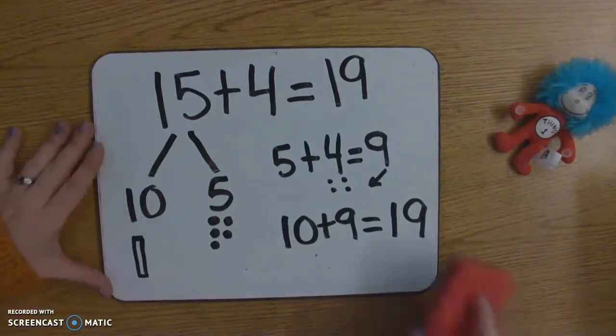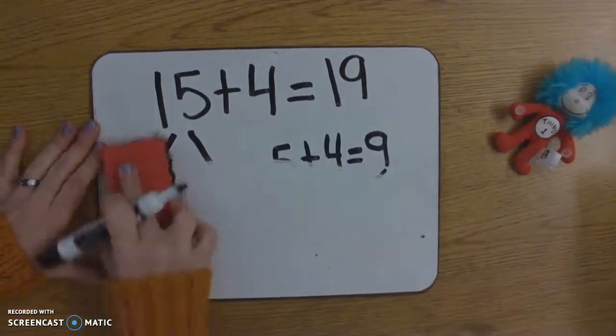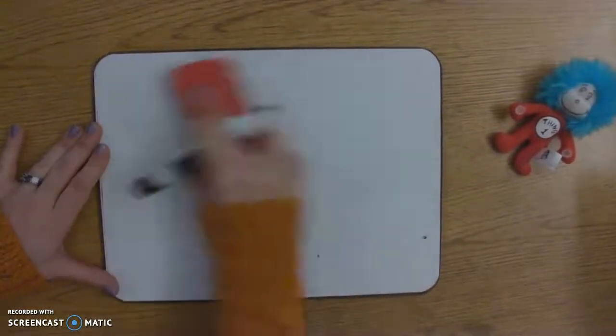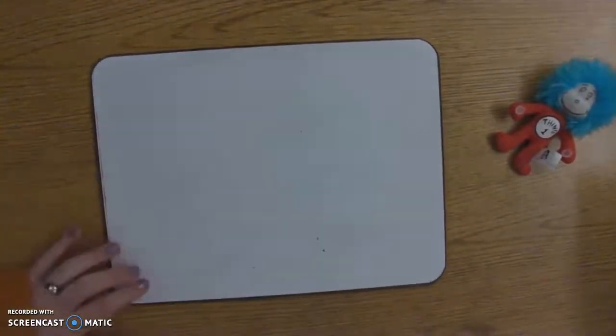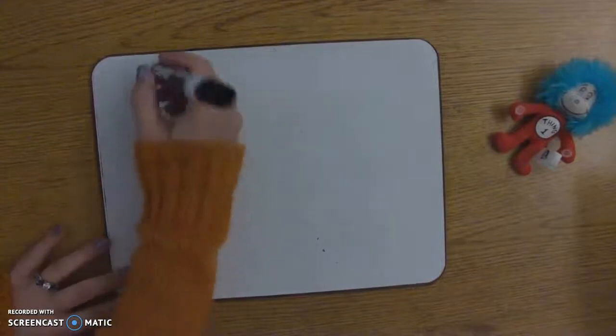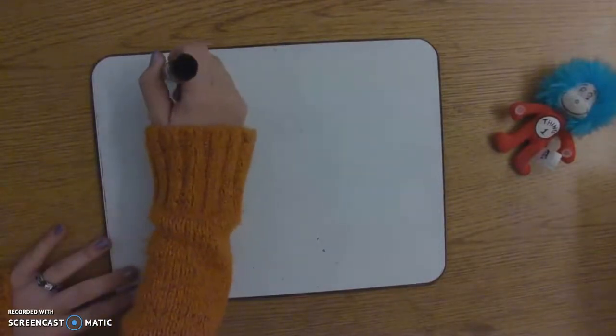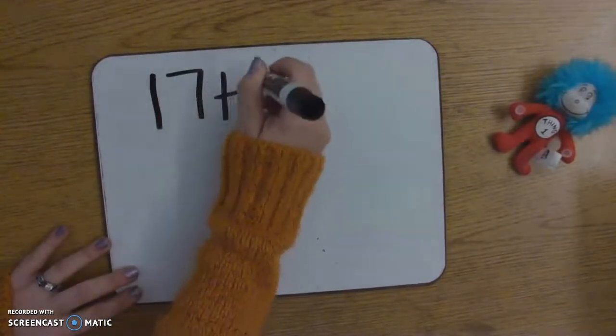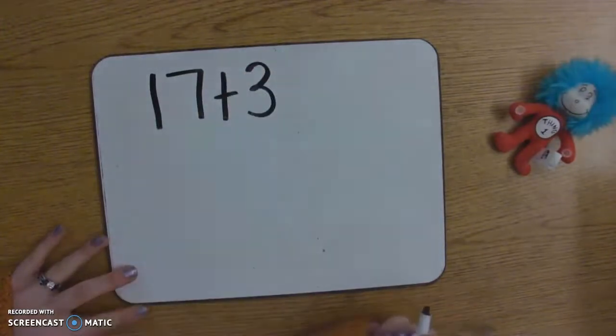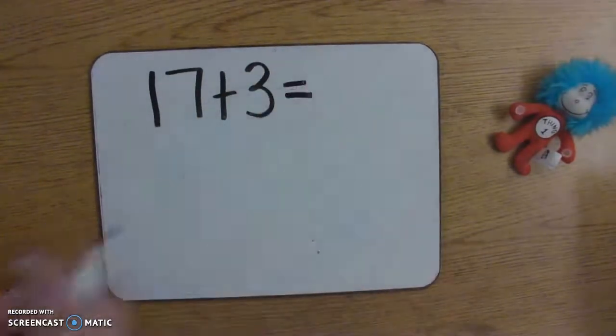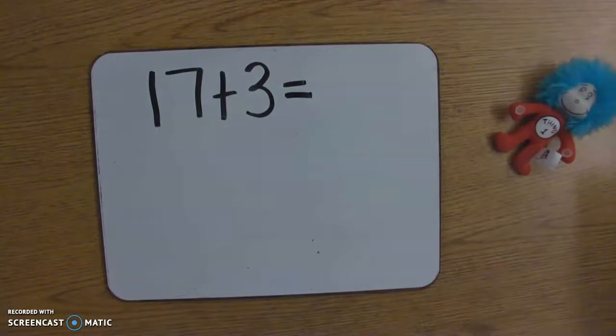Okay, mathematicians, let's do one more together. Ready? Erase your boards. Here's our last one. Let's write 17 plus 3. And again, if you know the answer, hold it, because we are practicing separating our 10s and 1s and adding 1s and 1s, 10s and 10s first.